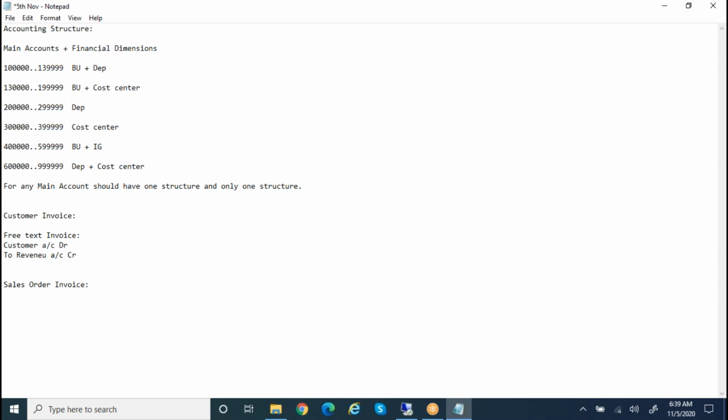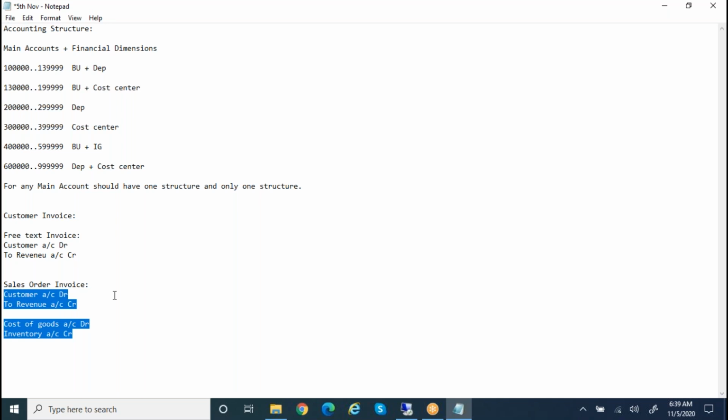If a sales order invoice is posted, then customer account debit to revenue account credit, and next cost of goods account debit to inventory account credit. There are four lines posted if it is a sales order invoice.